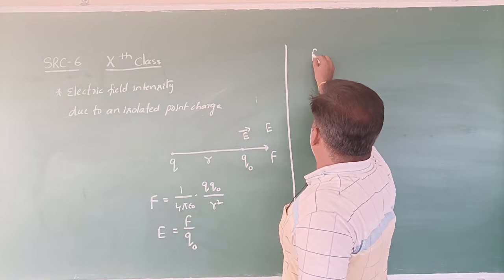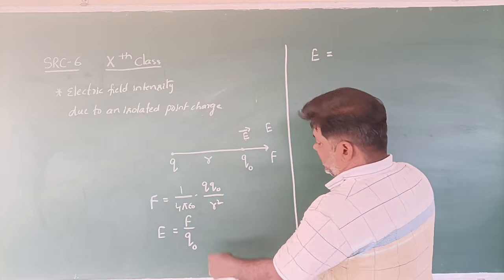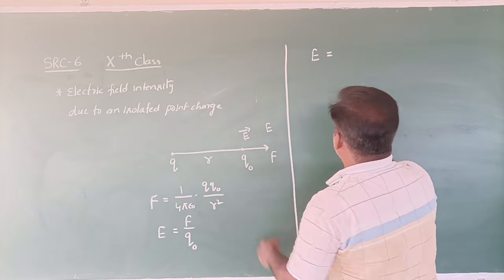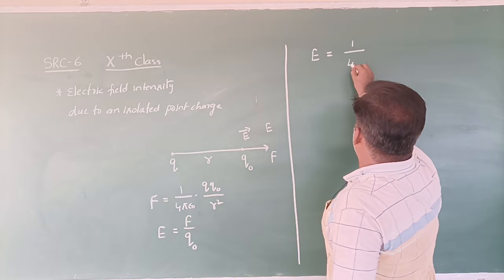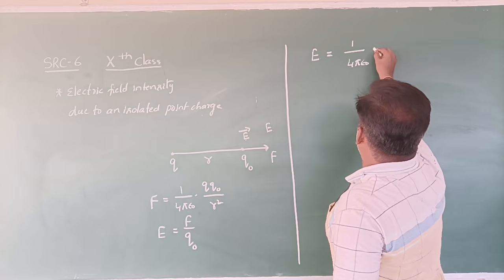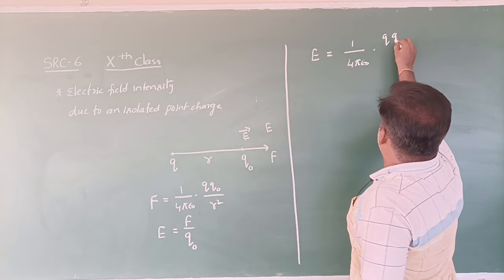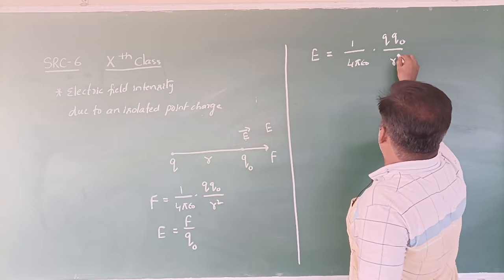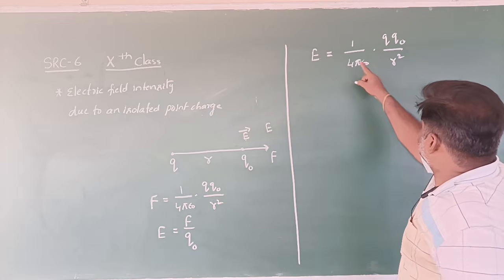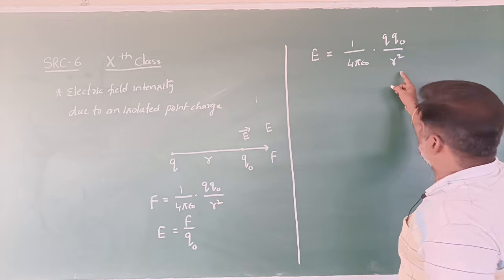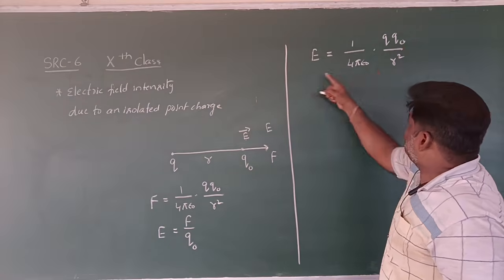E is equal to F, meaning this total force, 1 by 4 pi epsilon naught into q q naught by r square, divided by q naught. Bring this q naught to the left-hand side.